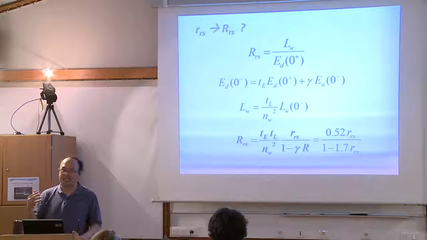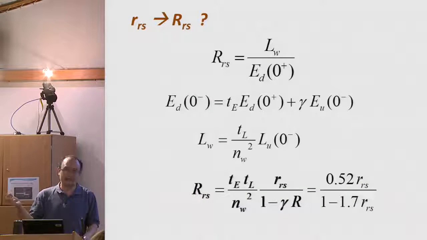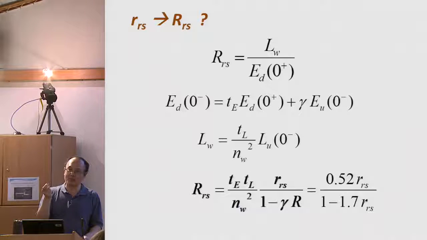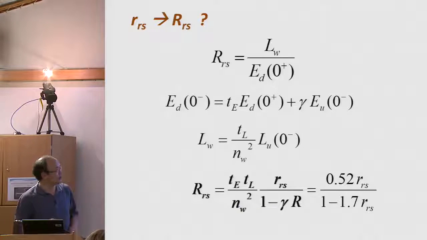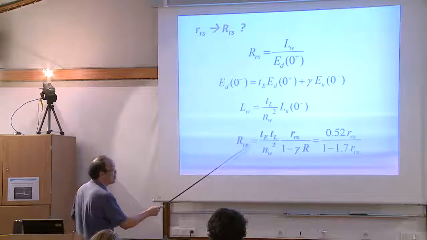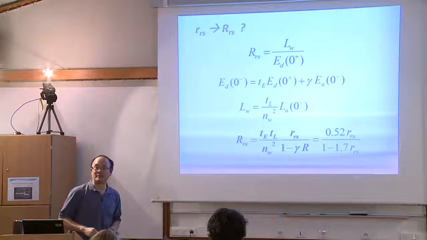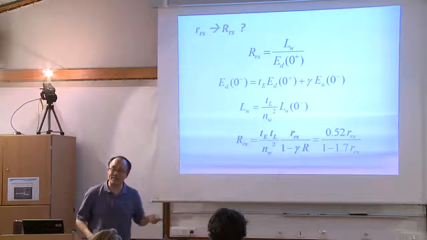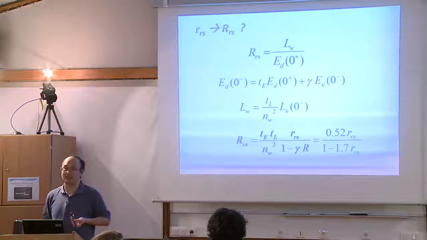So now we see there's a one-to-one link between above surface remote sensing reflectance and below surface remote sensing reflectance. So that also tells us remote sensing reflectance is also a function of BB over A plus BB, because this small rrs is a function of BB over A plus BB.